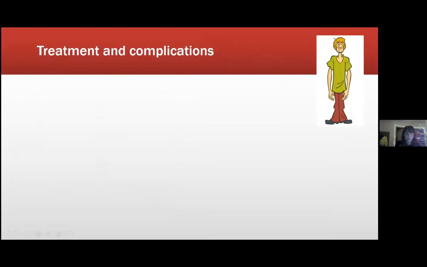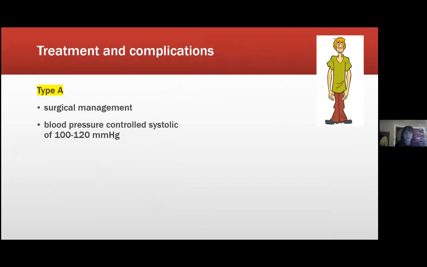Okay, so treatment and complications finally. For type A, does anyone know what the treatment is? So it's surgery, yeah, urgent surgery. Before surgery, it's important to control the blood pressure to a systolic of about 100 to 120, just to prevent progression.